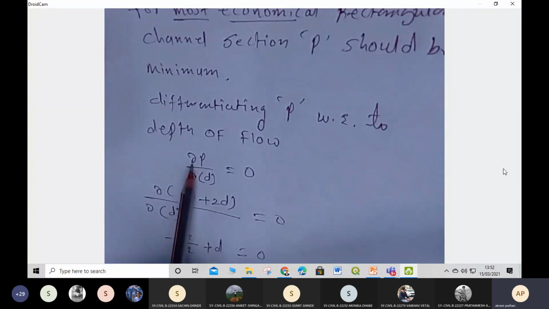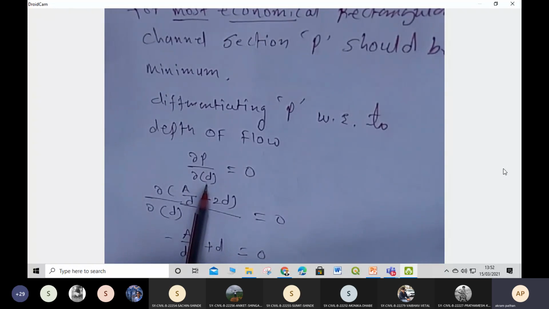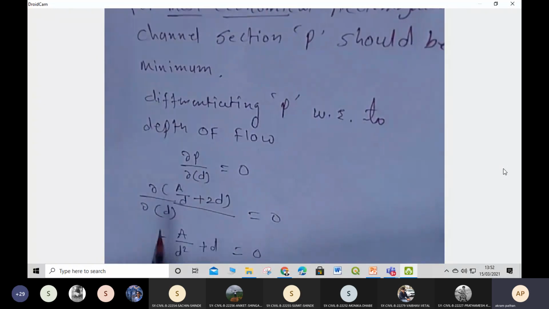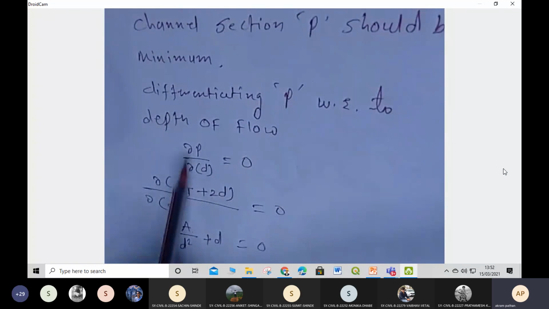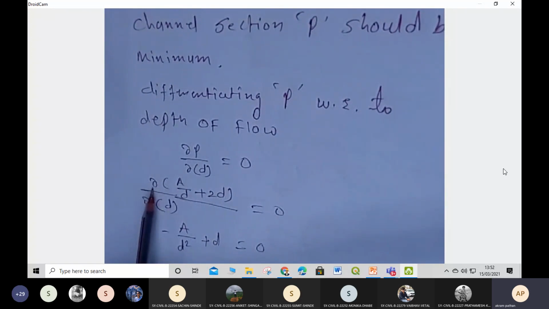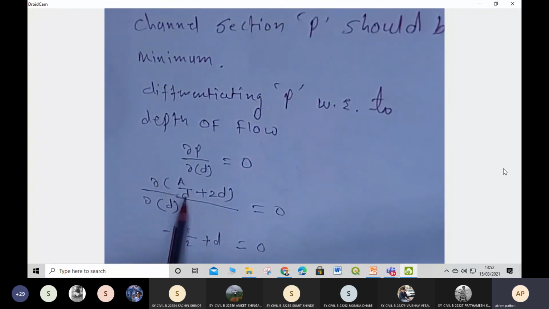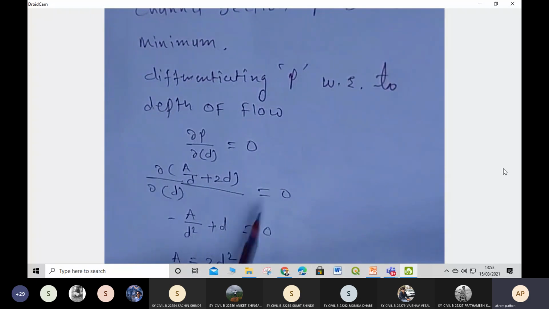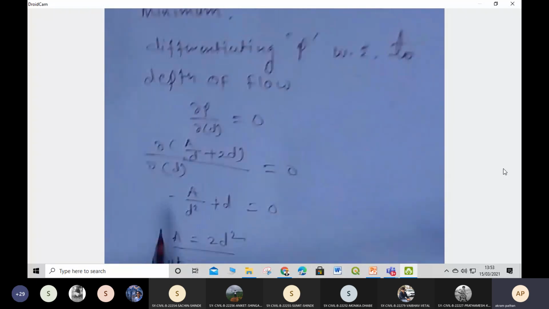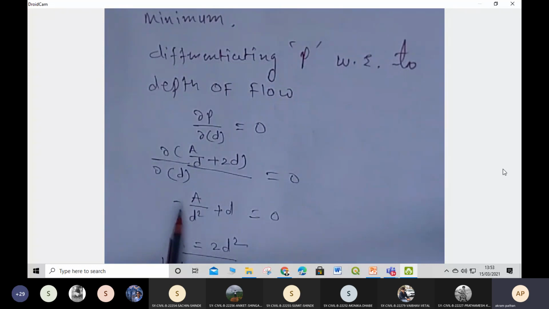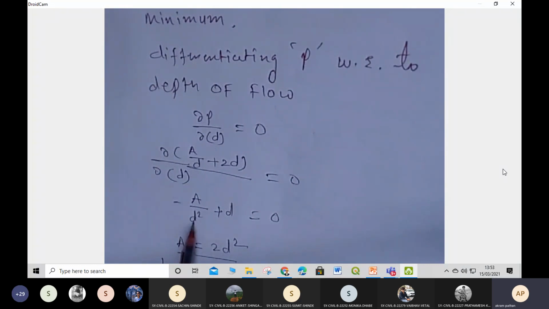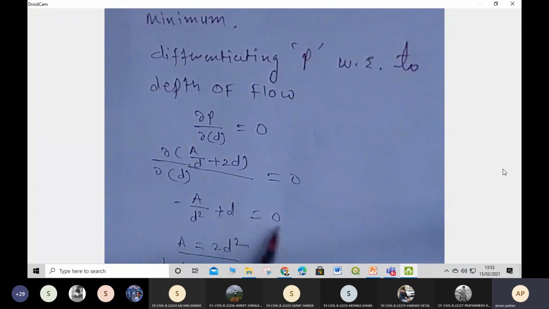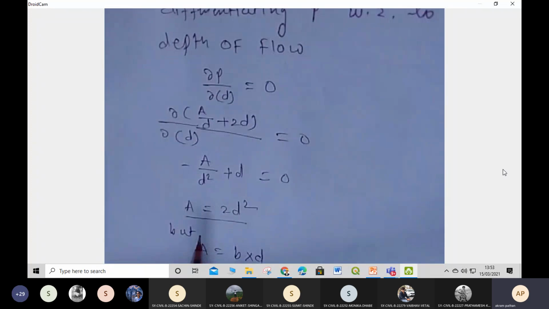What is this? The rate of change of perimeter with respect to the depth of flow. So del of (A by D plus 2D) divided by del D is equal to 0. After differentiating, I will get minus A by D square plus 2 is equal to 0.